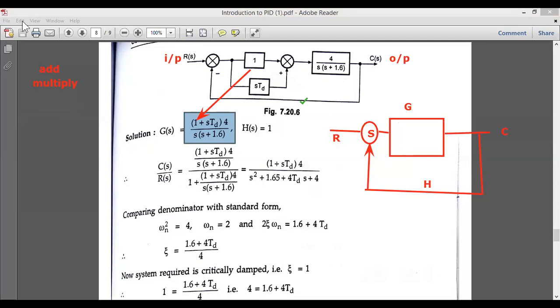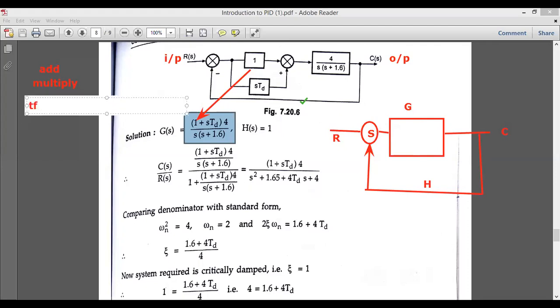Now what we will do next is simply take the transfer function for this particular block diagram. Because this block diagram has one G(s), this is H(s), one summing point, and this is my takeoff point. So apply the formula for the transfer function. What is the formula?